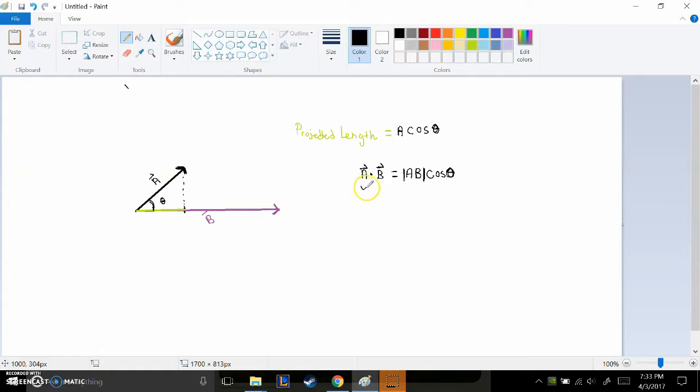So, when we ask what the dot product is between two vectors, what we're really asking is how similar are they? And we get big numbers when they're similar.